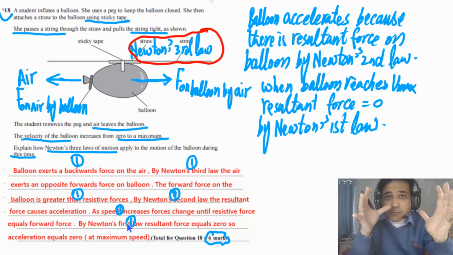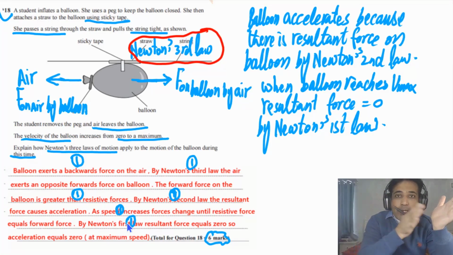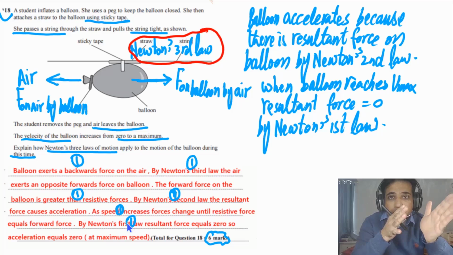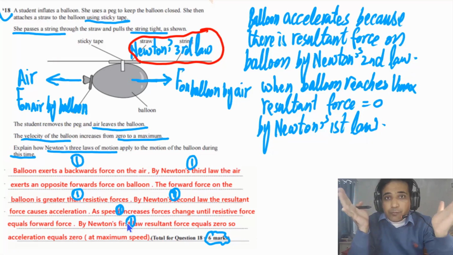And this type of questions are very important and very helpful to improve your understanding of physics. You can see how you can apply physics in a systematic way, and this question helps you understand how to look at practical applications of physics and how you explain any phenomenon in a beautiful way.